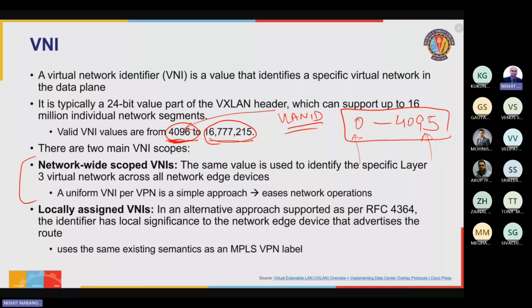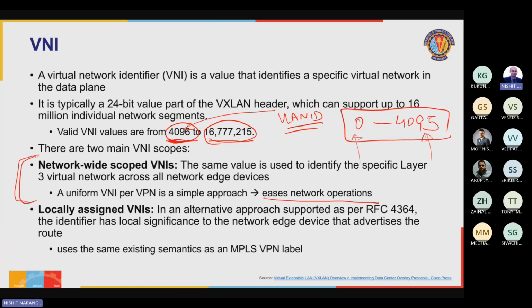It identifies a virtual network across the data center. 5000 denotes a different one. The uniqueness of the ID spreads across the underlay network. Generally we use network scoped VNIs because it's easy to do that. The same ID is used and understood across the network to identify a unique tenant virtual network.